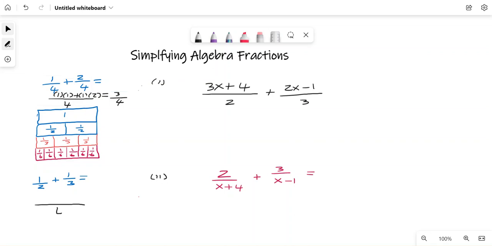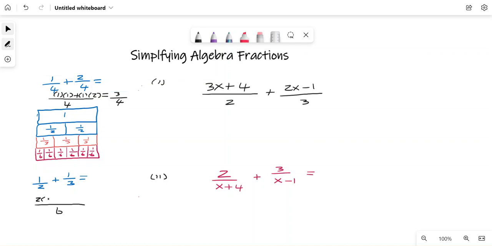So if we follow exactly the same process that we followed up here, we take 2 divided into 6, which goes 3 times, and then 3 multiplied by the top part, which is 1.